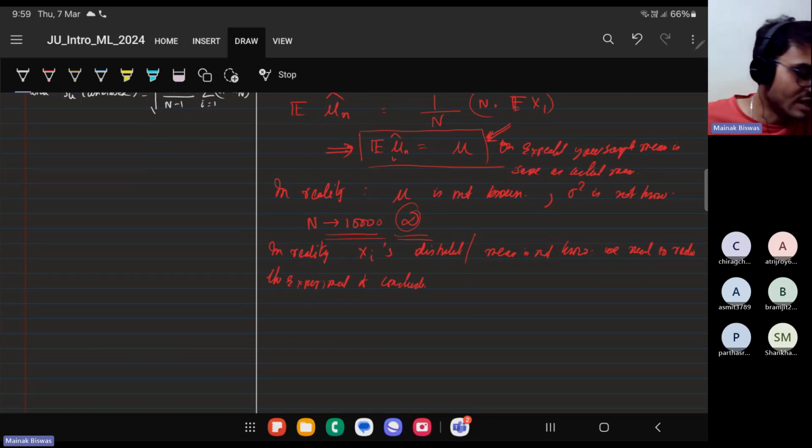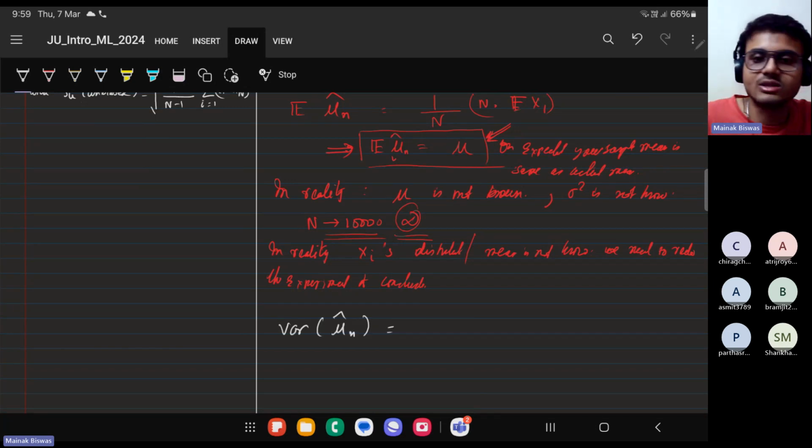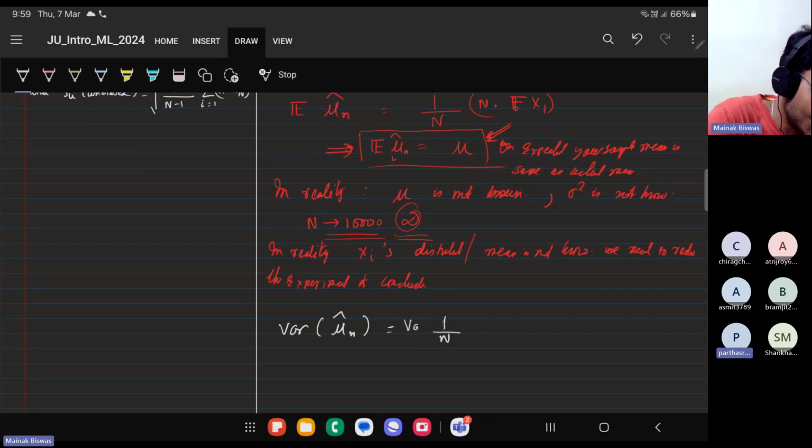Good. So the intuition is clear, then the rest of this is very simple. So tell me, what is the variance of mu n? Since mu n is a random variable, variance of mu n is the variance of 1 by n times the summation of all the exercises. 1 by n becomes 1 by n squared.